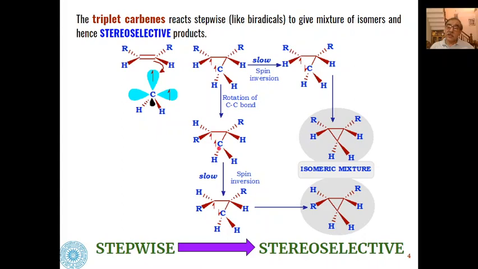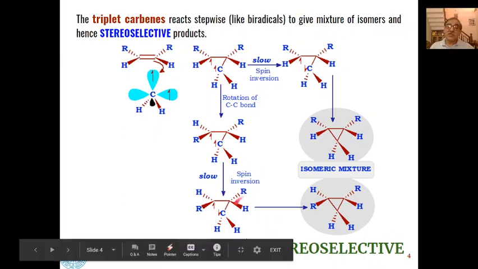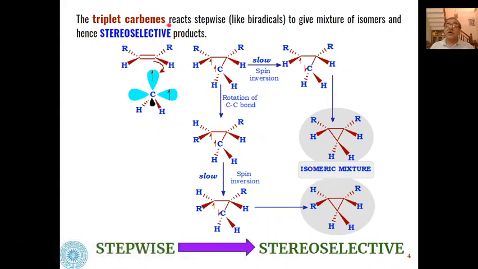And then this carbon can undergo spin inversion, and now we have anti-parallel spin, and then this can cyclize to another type of isomer. So the triplet carbene will react in a stepwise manner.